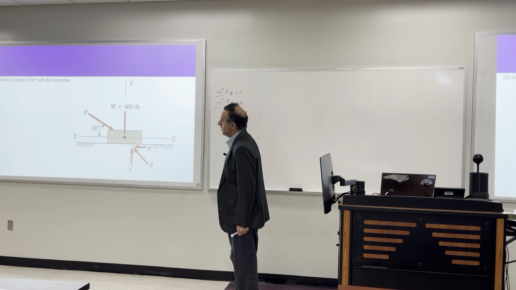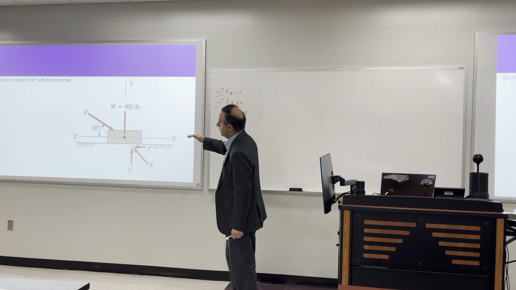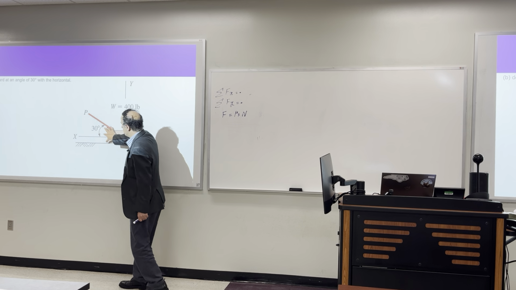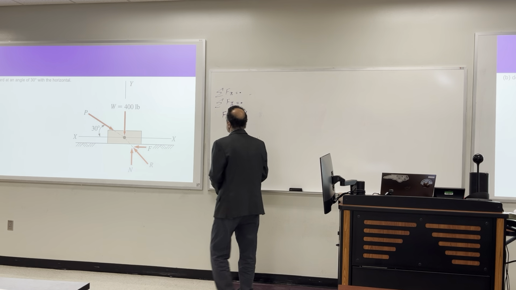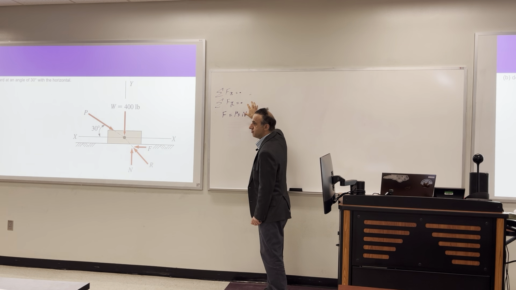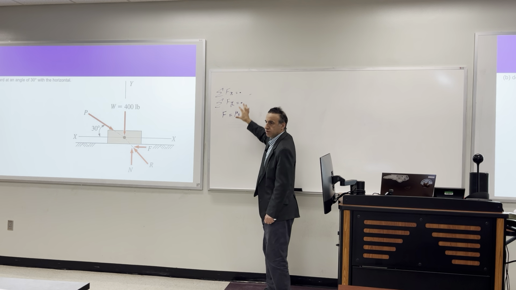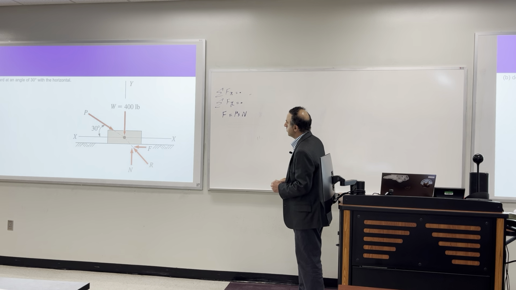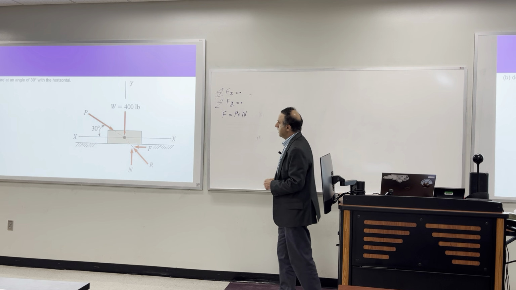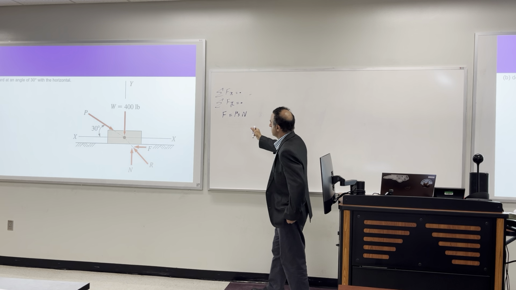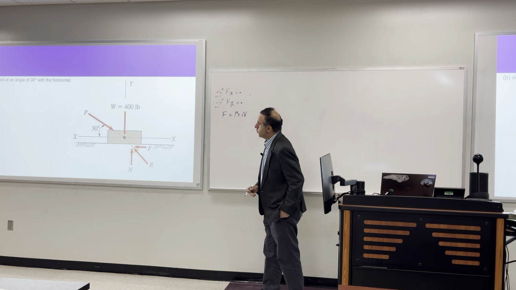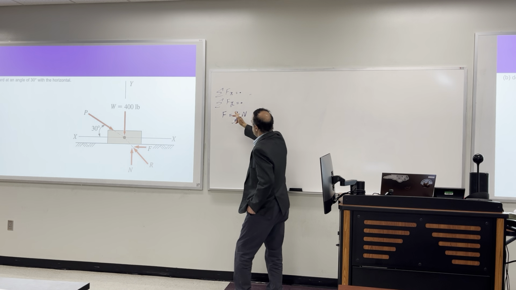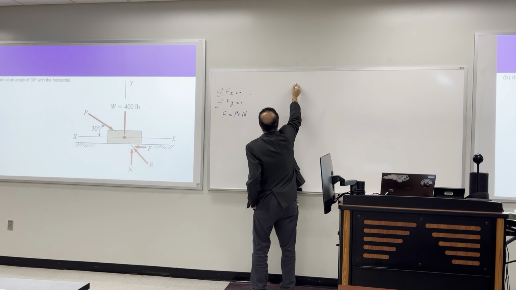Find P when you have P at a 30-degree angle. So again, we have these three options. You can pick any one. Let's say we use this one.